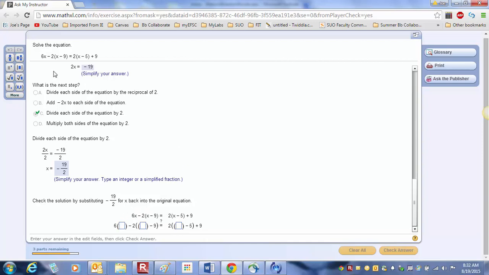Now check the solution by substituting negative 19 over 2 for x back in the original equation. We go back to the original equation and substitute negative 19 over 2 to make sure that this solution is correct. So instead of x here, I'm going to put negative 19 over 2.